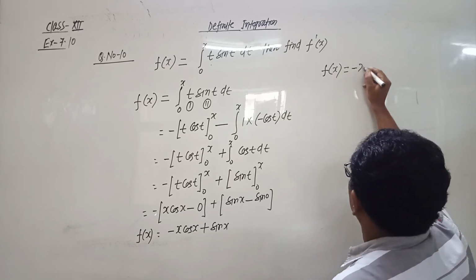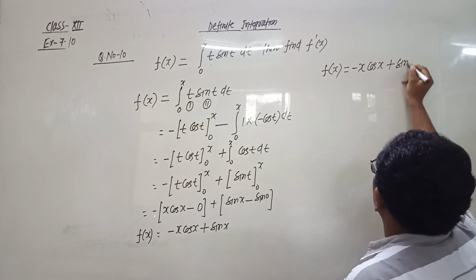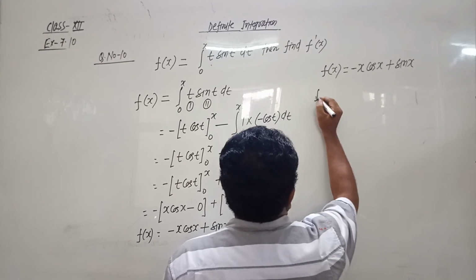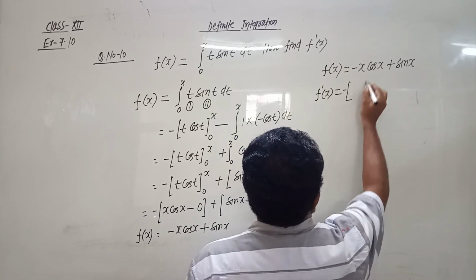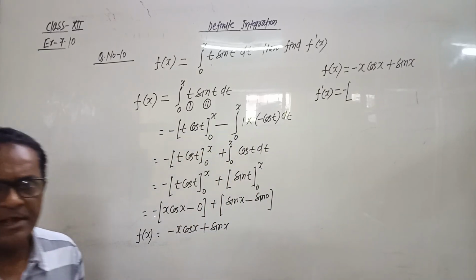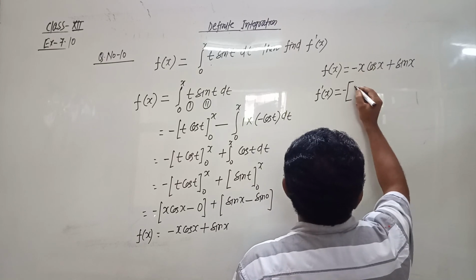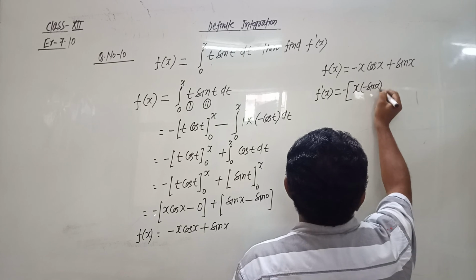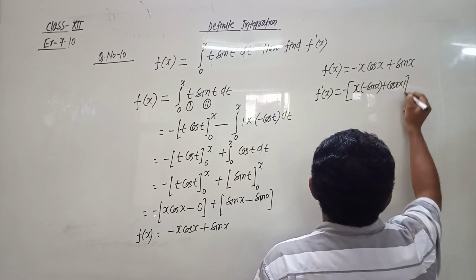So f of x equals to minus x cos x plus sin x. Then we have to differentiate. We have to find f dash x. So f dash x, minus as it is. This expression would be differentiated in the form u into v. So u as it is, differentiation of cos x is minus sin x, plus v as it is, and differentiation of x is 1.